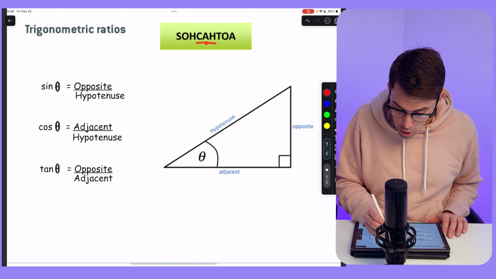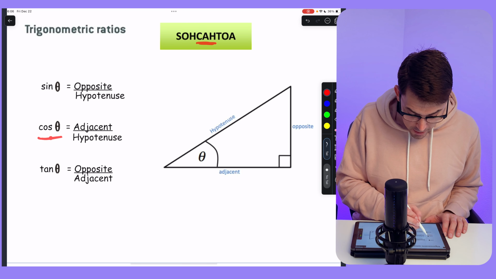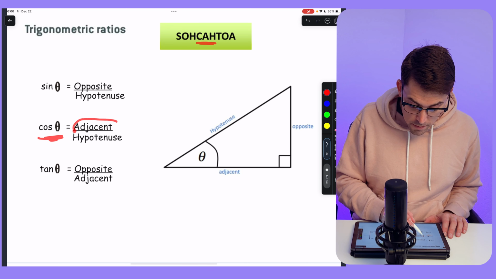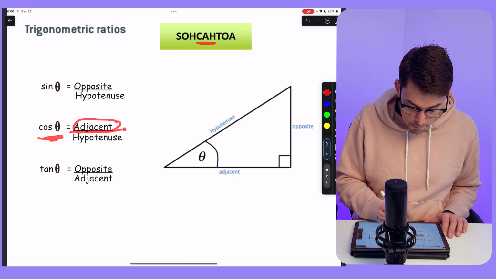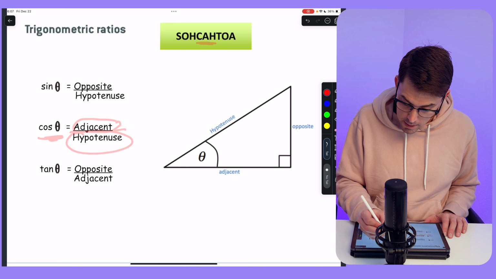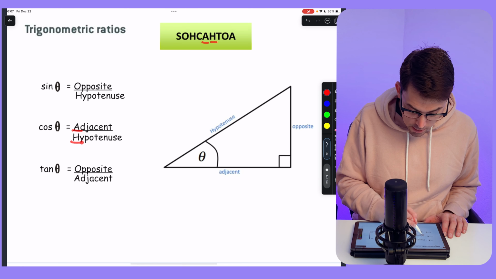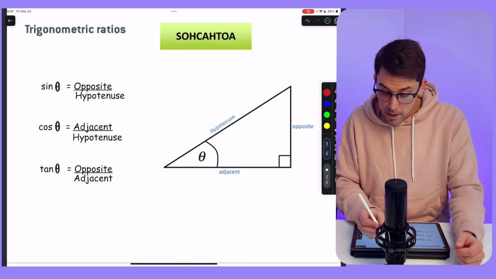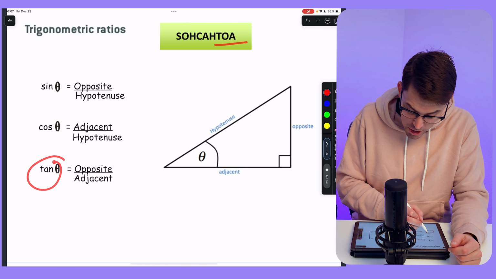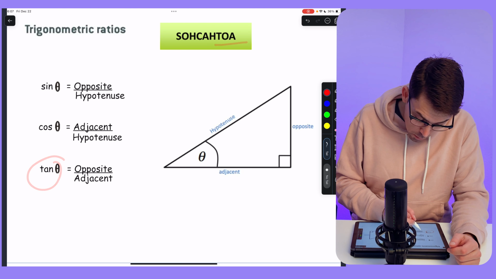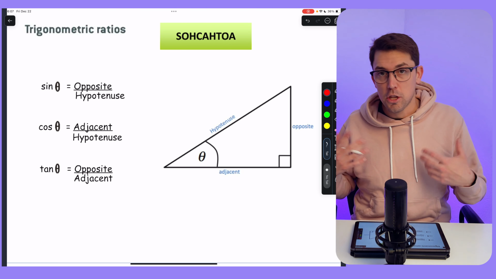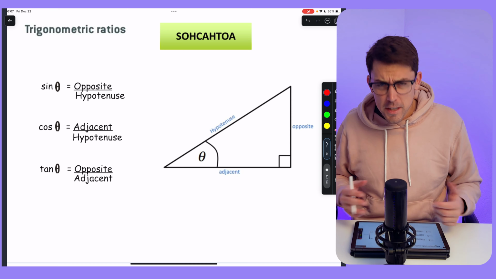And then we get into cosine, the CAH. Cosine of the angle is equal to whatever the adjacent value is divided by whatever our hypotenuse value is, hence the AH. So CAH TOA. Now TOA is simply the tangent of that angle is equal to the opposite divided by the adjacent, the TOA.